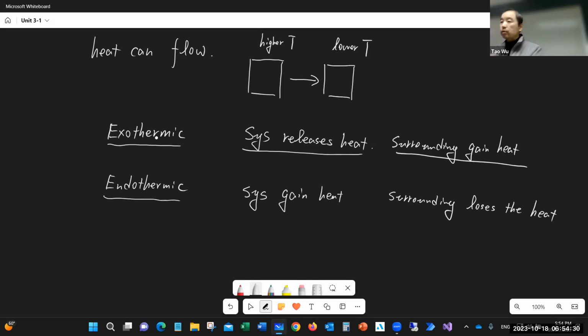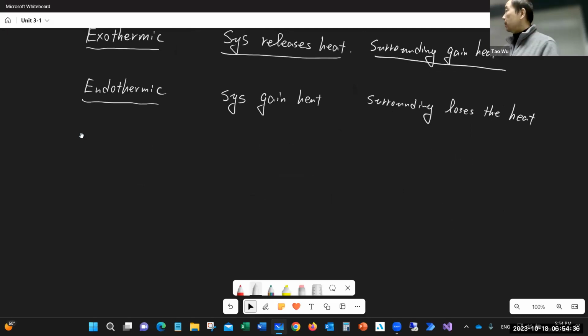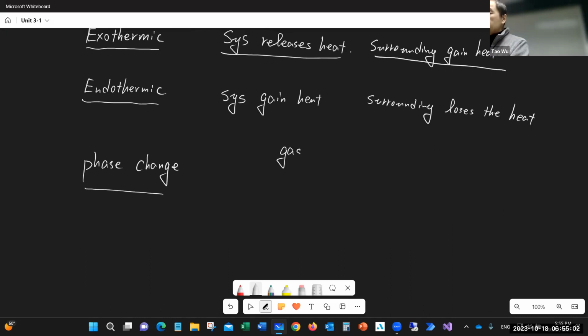So let's talk about some of the processes. Phase change: what kind of phase change will be endothermic? What kind will be exothermic? I mean, this one will be tested in the exam, so be careful. We only talk about three different phases: the gas, the liquid, and then the solid.